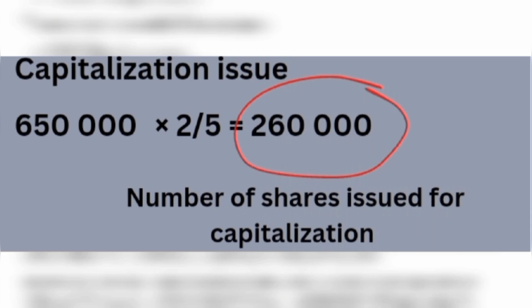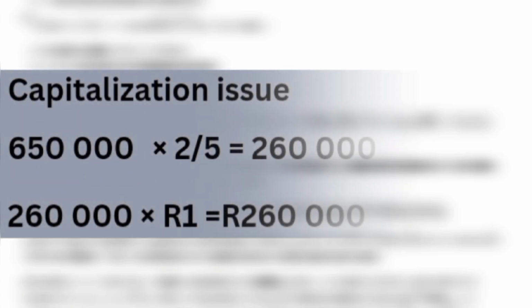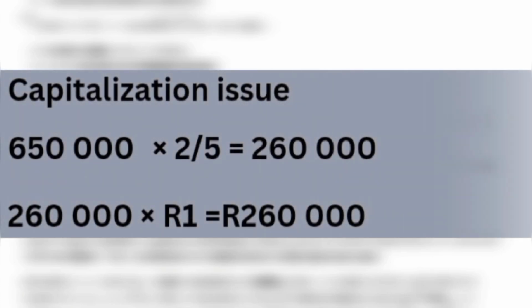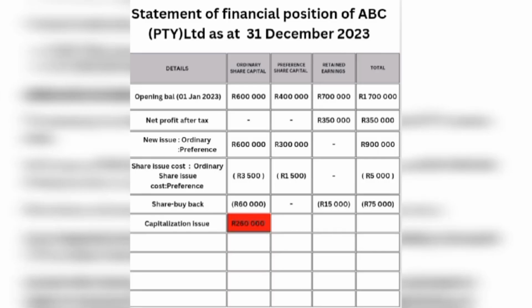So 260,000 ordinary shares times R1 per share gives us 260,000 share capital. You take this 260,000 and record it under your ordinary share capital.